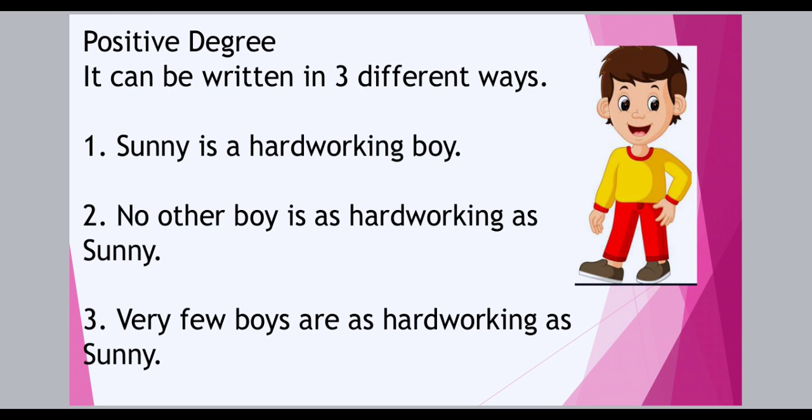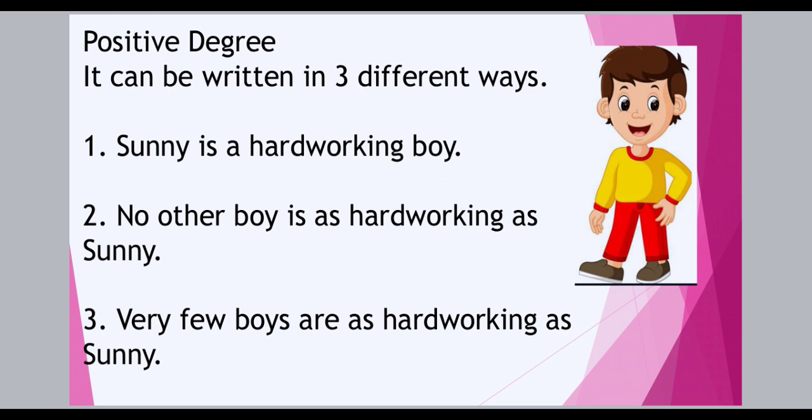So no other boy is, now I have added the word as. I'm comparing, right? No other boy is as hardworking as Sunny. So here I have made the comparison in the positive degree itself. So I can compare even in the positive degree by using the word as: as fast as, as hardworking as, as slow as, as swift as, right?